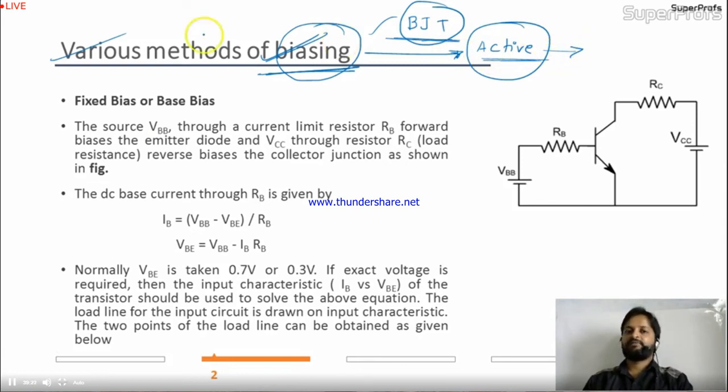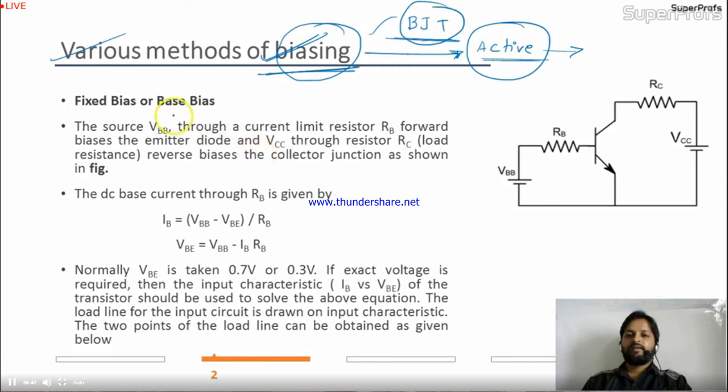That's why we have various methods of biasing. Like the fixed bias or base bias, potential divider, common collector feedback, and many more. We'll discuss them one by one. We'll discuss the fixed bias in detail. We'll see the DC load line, Q point and all about it.